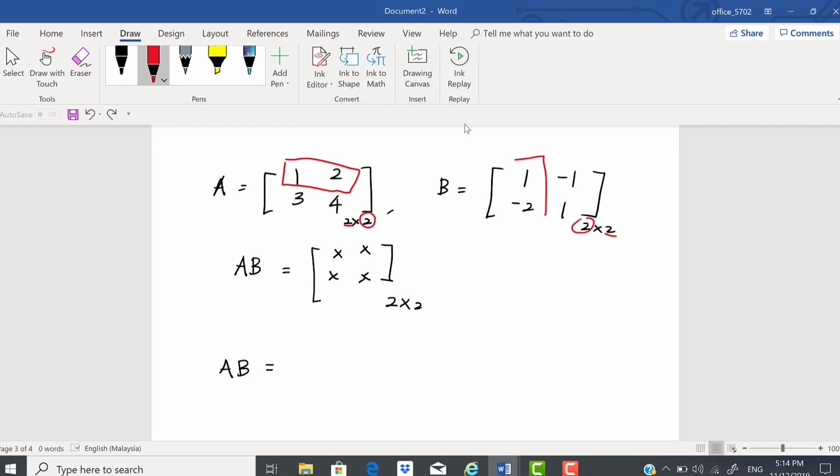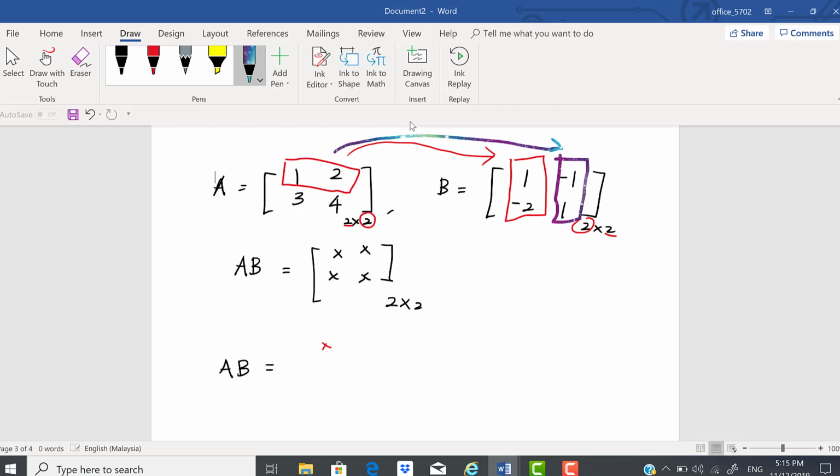Okay, 1, 2, this one. This one times this one, so you get the value here. Then this one times this one. Again 1, 2 times this one, then you get the value here.